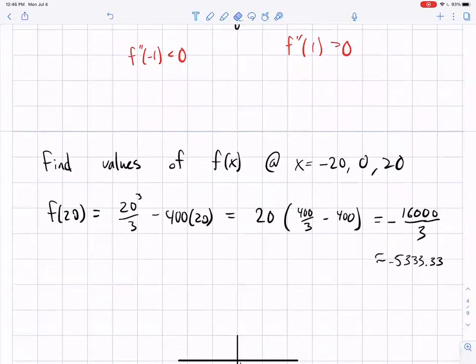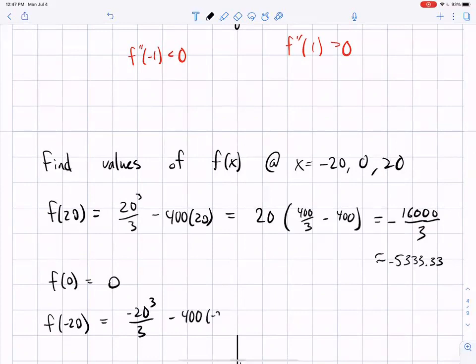And then f of 0, that one's easy, thankfully. f of 0 is just 0. And then f of negative 20 is going to be very similar. It'll be negative 20 cubed over 3 minus 400 times negative 20, which is going to be positive.